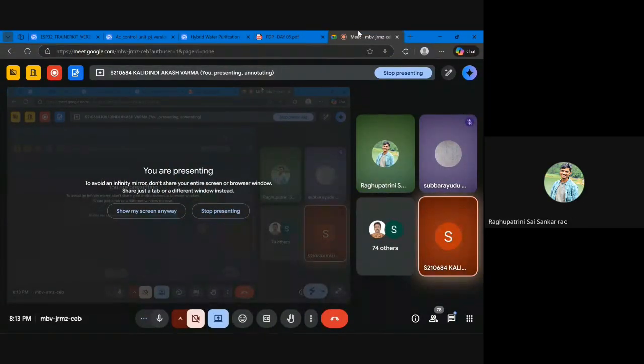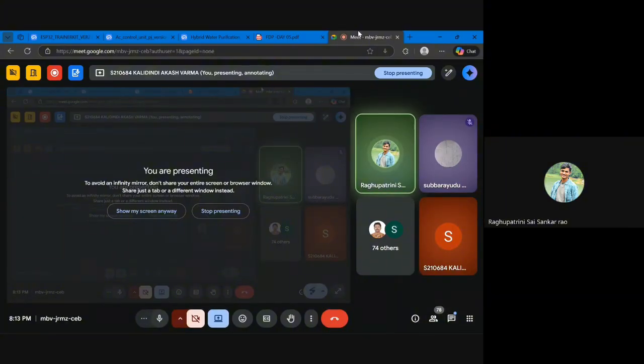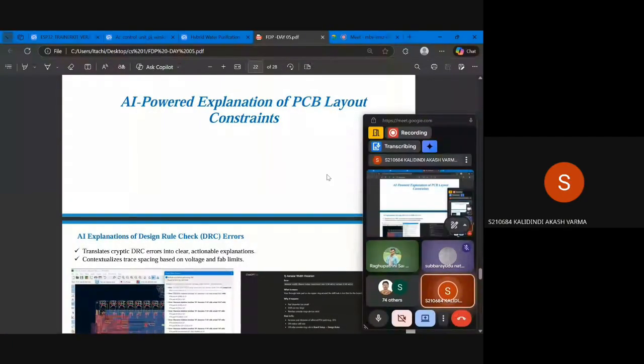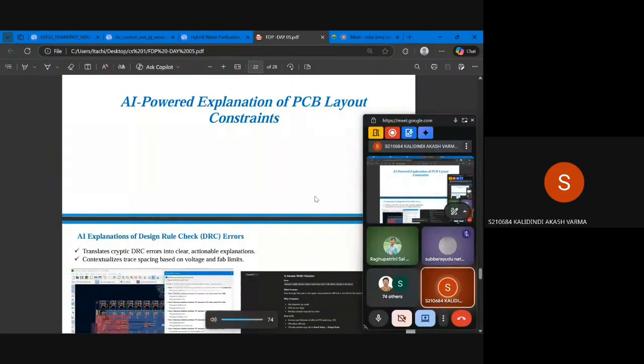Yesterday we have covered the schematic drafting and routing layout along with the 3D view, how it looks like. You can skip that and cover the AI related info. If any of the faculty have doubts after the session, we can discuss that also. Yes, Sai Shankar has joined. He's ready to clarify doubts. So we will go for AI related topics, and then we will open for doubt clarification.